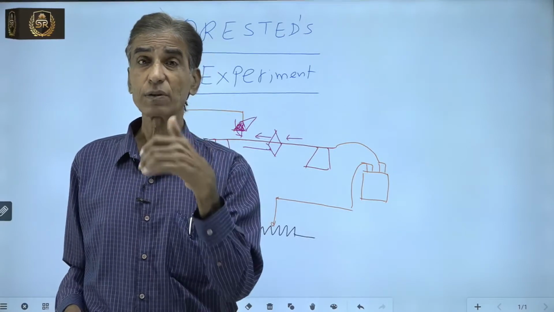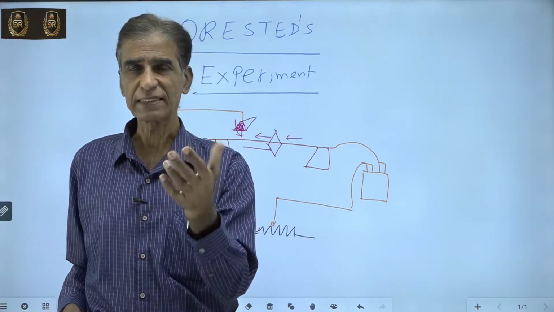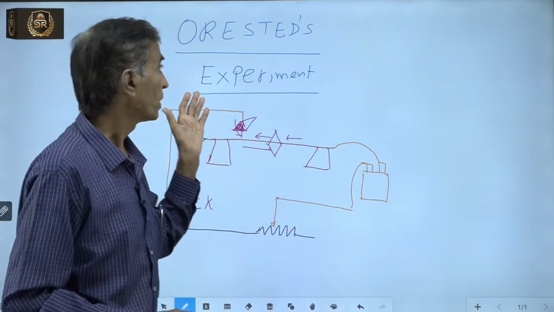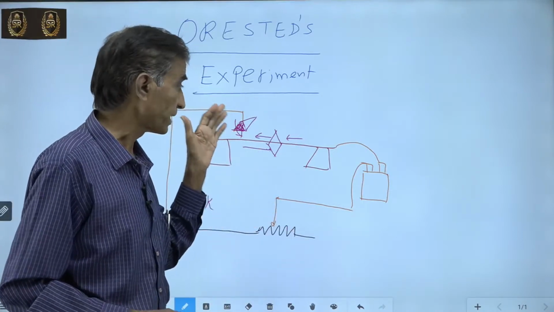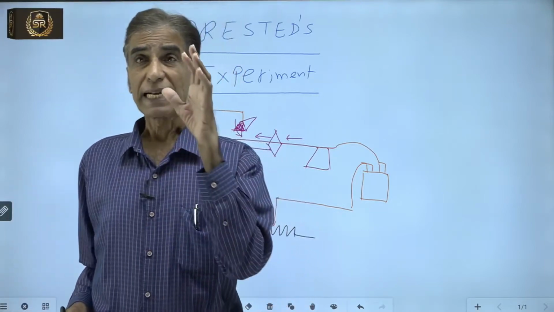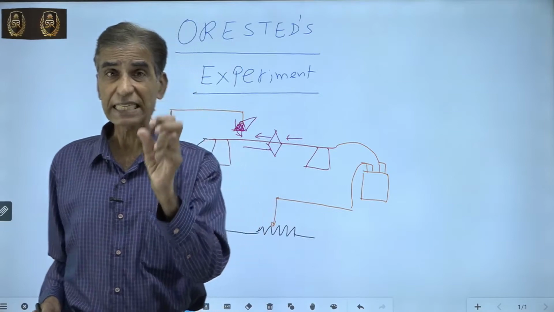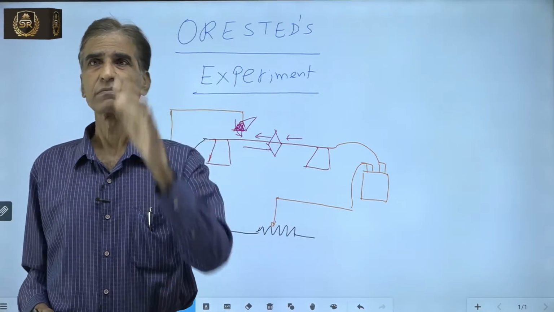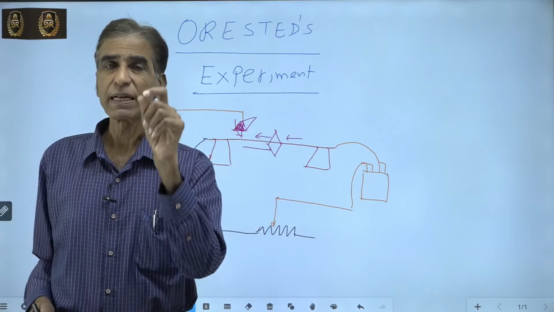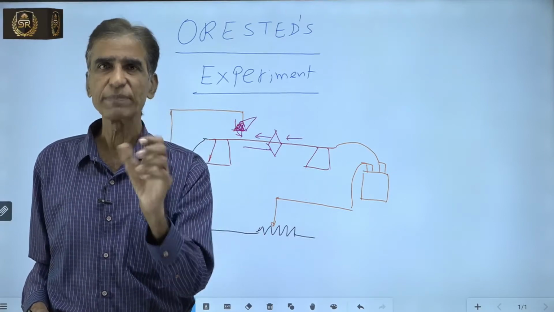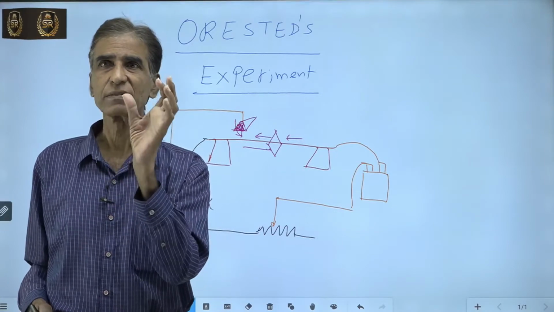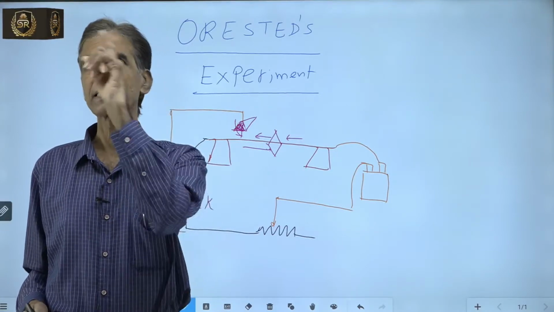More the current, more the deflection, and less the current, less the deflection. Those are the three observations made by Oersted. That is, the magnetic field encircles the conductor. The needle coming perpendicular to the conducting wire means the magnetic field lines encircle the conductor.